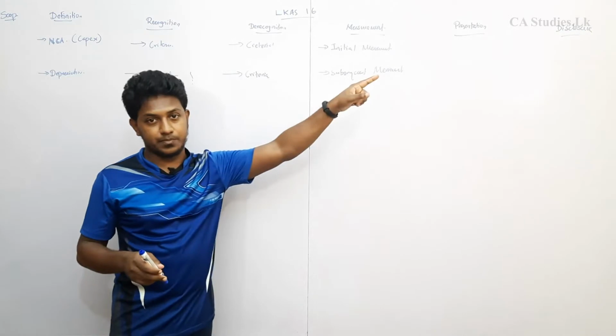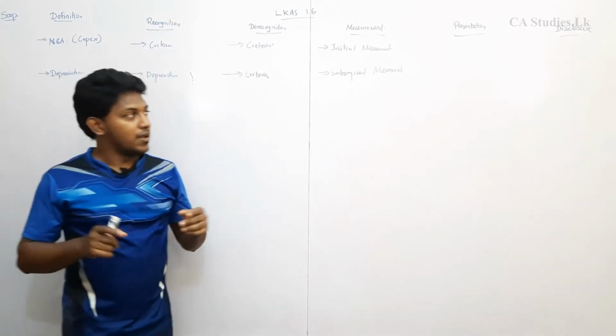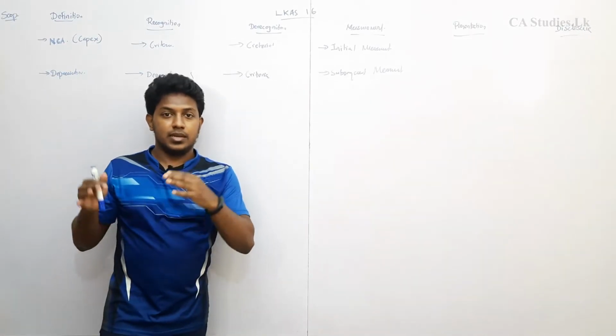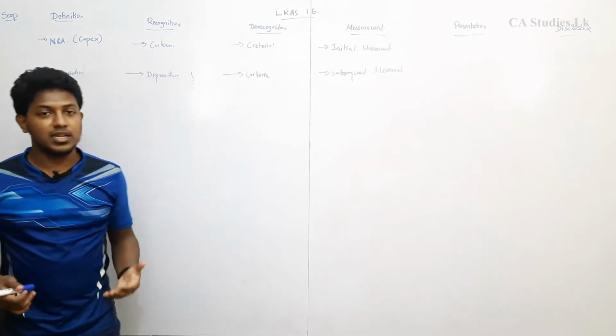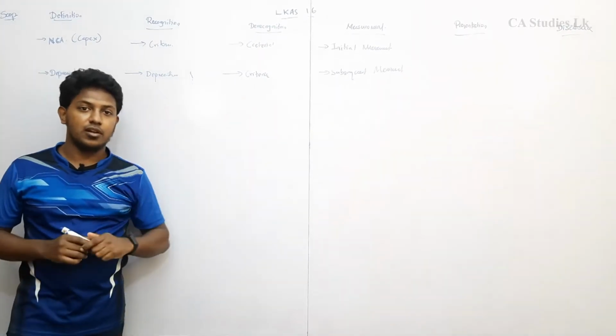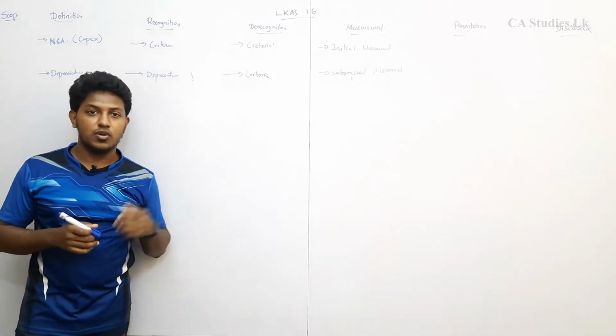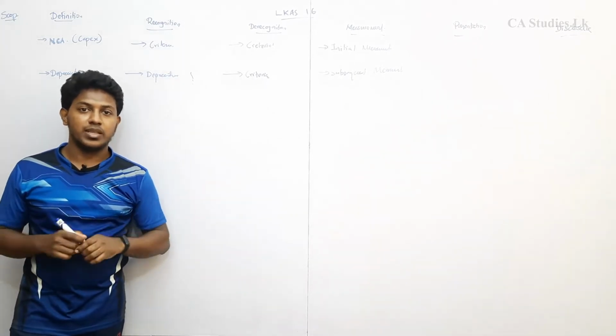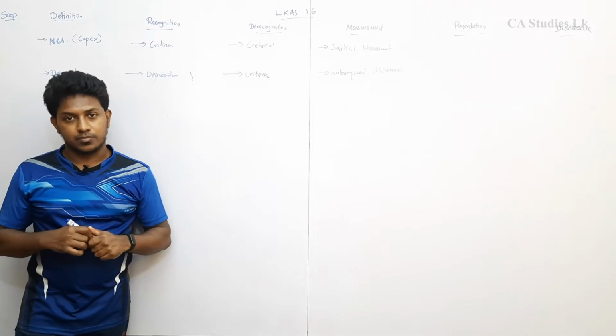Then disclosure. In the notes, we will have to include what depreciation policy we are following, what depreciation method we are following, and what is the non-current asset valuation method, a cost method or revaluation method.